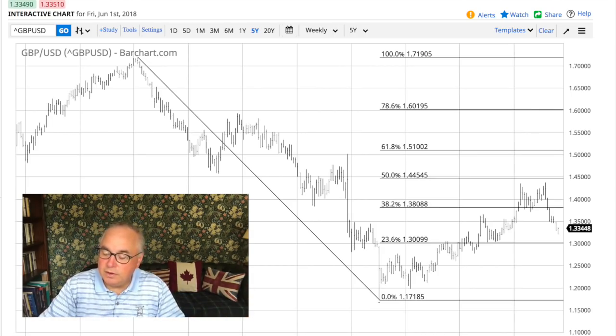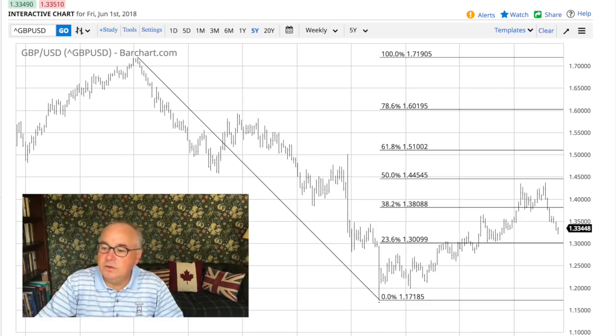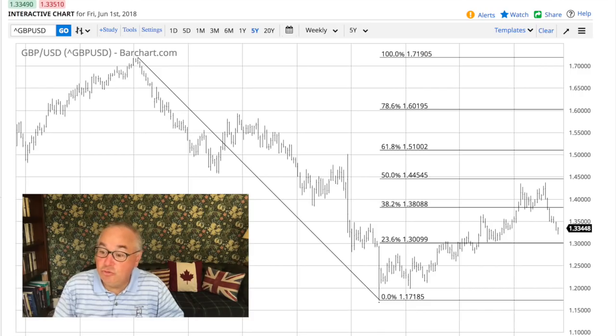So we bottomed there. There was that flash crash in October 2016. Then we rebounded, and we got almost up to the 50% retracement of 144.50 there. The high was just below 144. So again, these Fibonacci levels are not a bad indicator and tool.